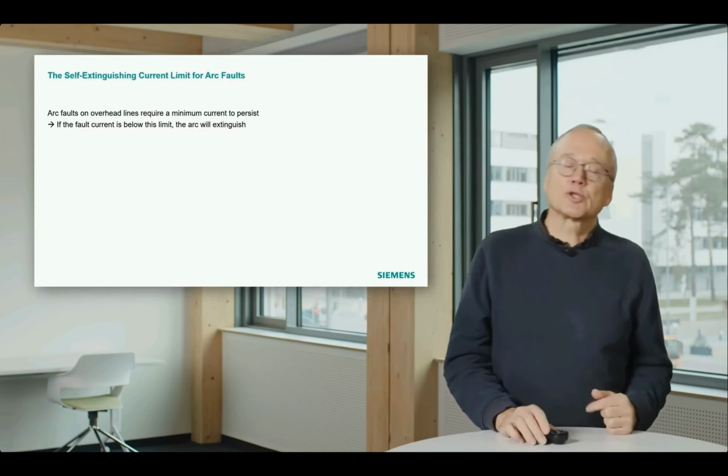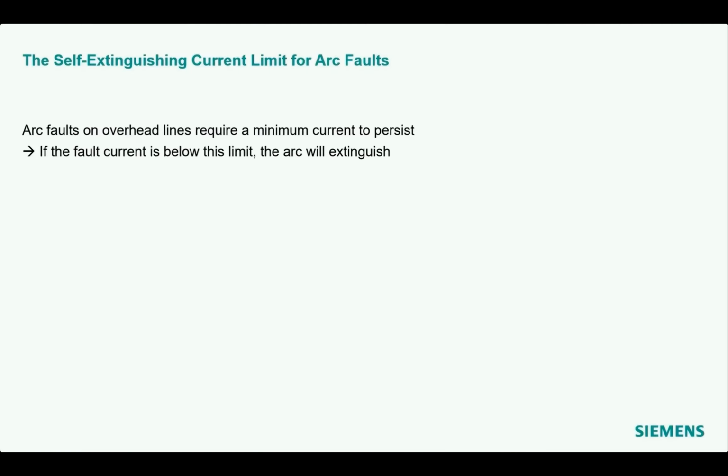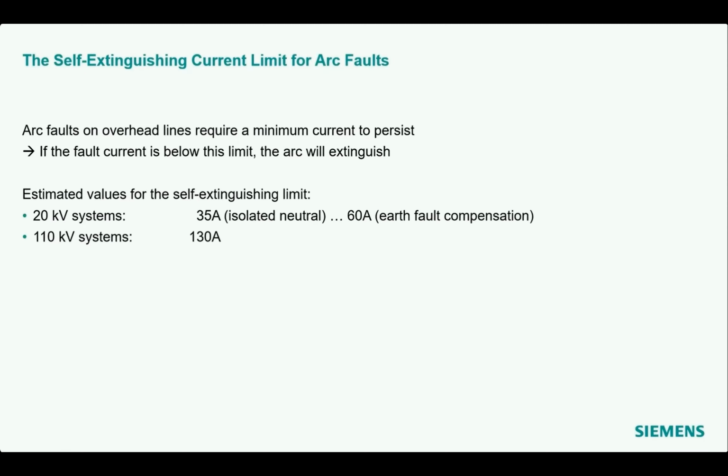And that brings us, of course, to the question, what is this current limit? What is the value for this current limit? And it's not that easy to calculate it. I have here a few values that are not exact values, but just to give an estimation about the range of these self-extinguishing limits.